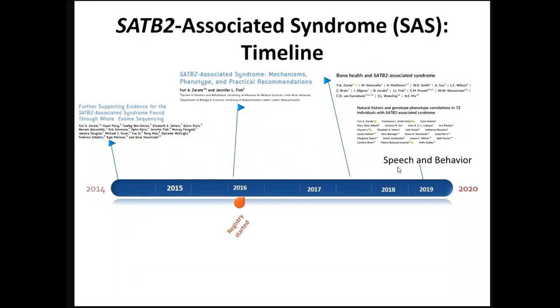In parallel, we've been able to make improvements in several other areas, not just describing what happens. We got the registry started in 2016, and then we had the initial website launch soon after. We were able to get the syndrome added to the list of rare diseases by the NIH officially in 2017.